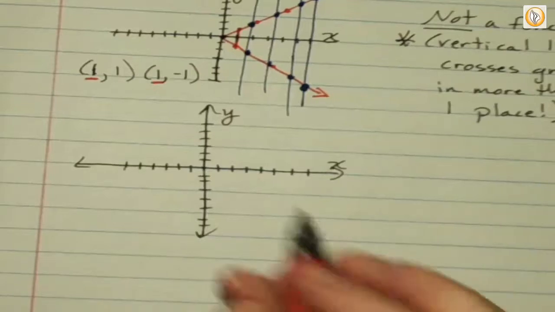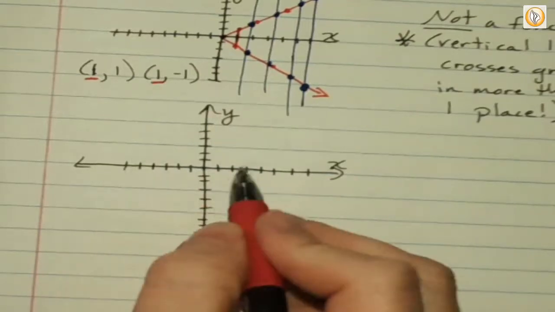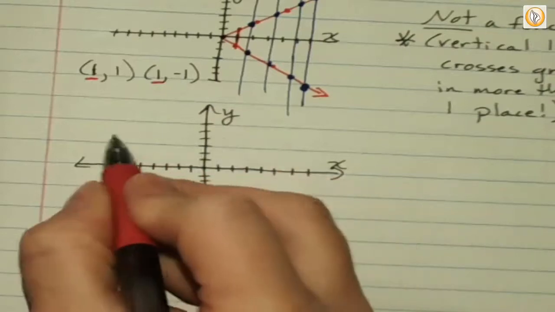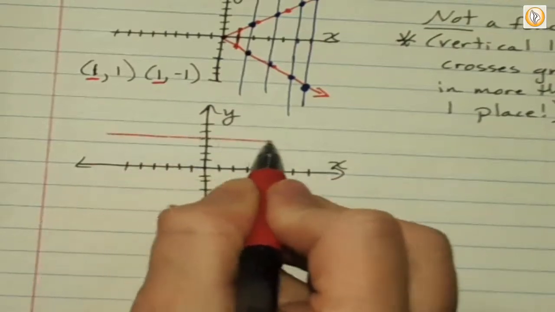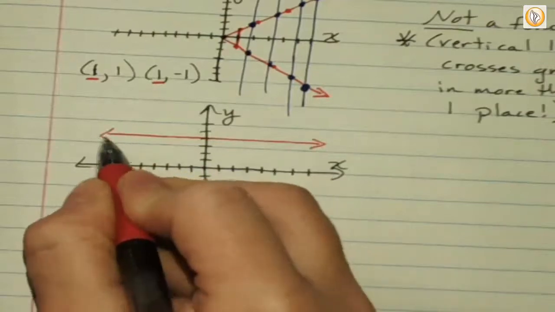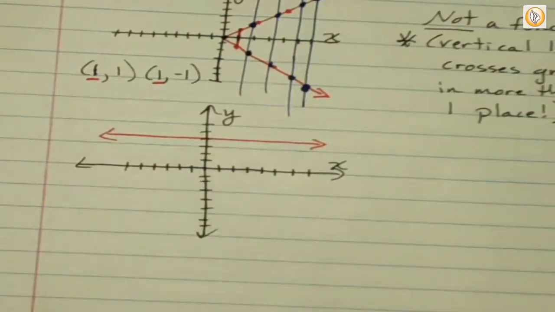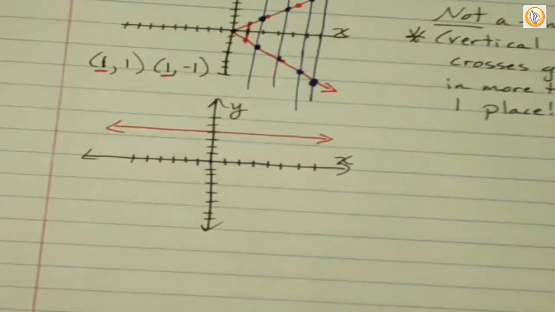Okay. Let's say this time my graph, remember this is my Cartesian plane, is going this way. So my graph is the red line.